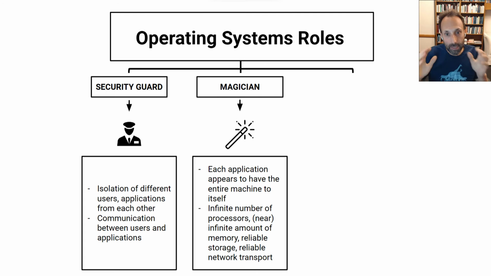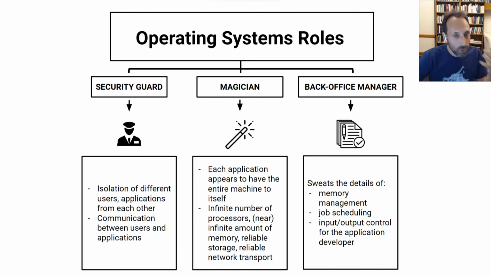Finally, it's the back office manager. It handles all that stuff like drivers and making sure that the applications you run work on the architecture you're running on. If you have new Apple chips, the operating system is going to have to translate applications for this new architecture, and Apple hasn't yet managed to do that for VirtualBox for its new chipset.